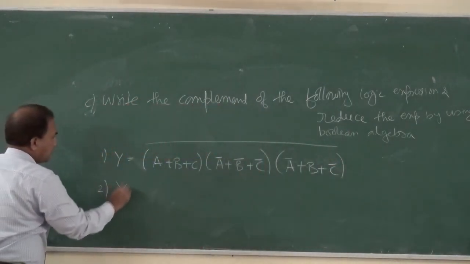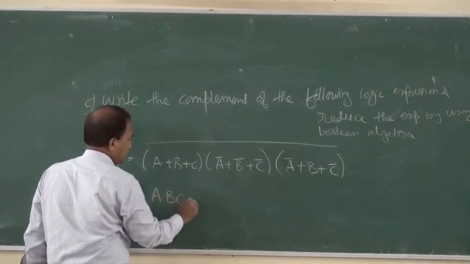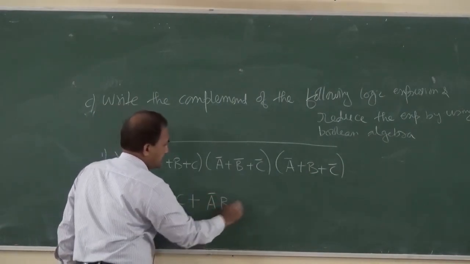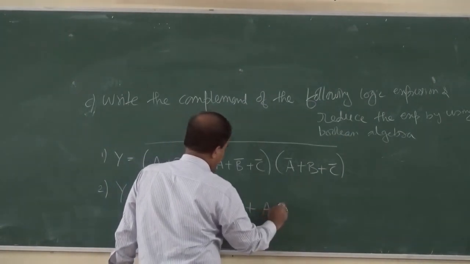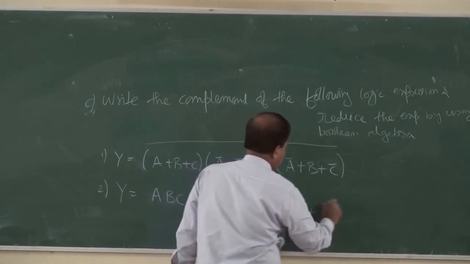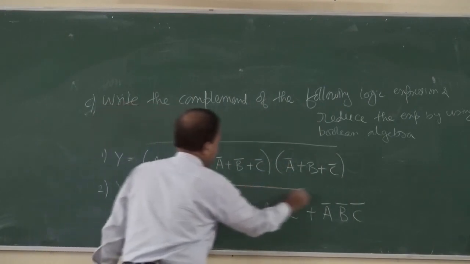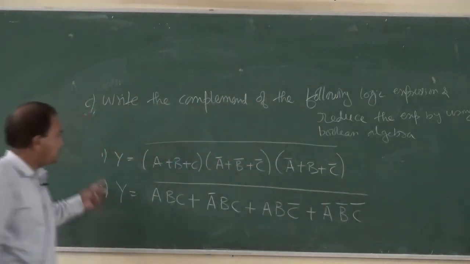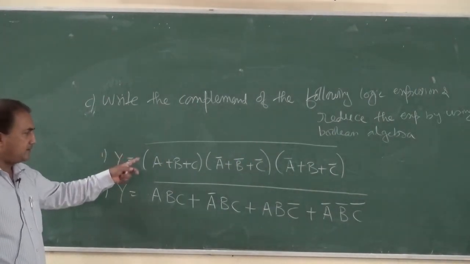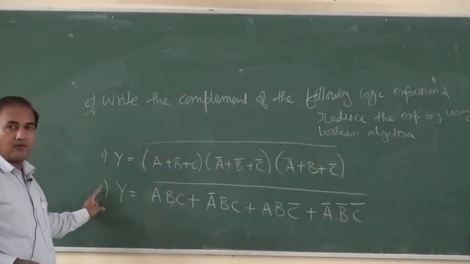Second is Y is equal to ABC plus A dash BC plus ABC dash plus A dash B dash C dash, whole complement. So the first question is Y is equal to the complement of this and this. Similarly, this is the second one.